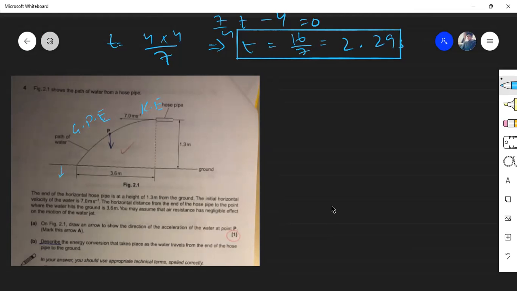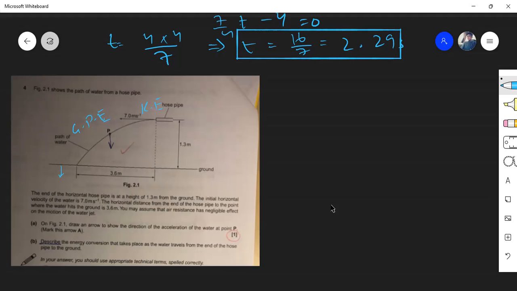It can be sound, it can be heat energy, it can be anything. So we write that when the water leaves the pipe, it has kinetic energy, but as it moves down to the ground, it's losing that energy in the form of gravitational potential energy. As soon as it hits the ground, all of the energy the water has is absorbed by the ground, and some of the energy gets wasted in the form of sound energy or anything, but the rest of it is absorbed by the ground.